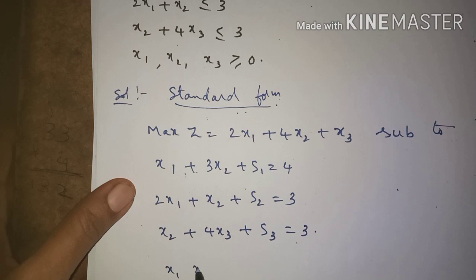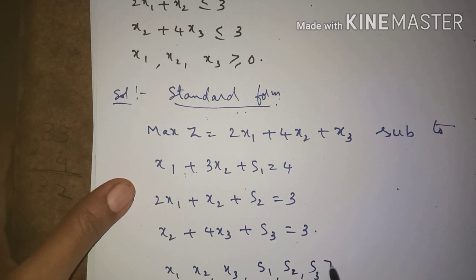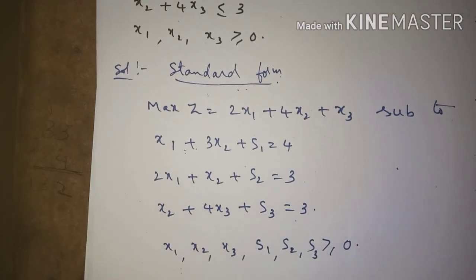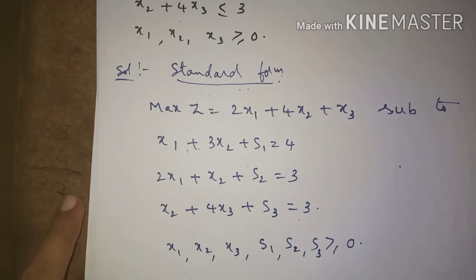And all the variables, decision variables as well as slack variables, are greater than or equal to 0. Like this we have to convert the given problem into the standard form. After converting, we have to start the simplex table.